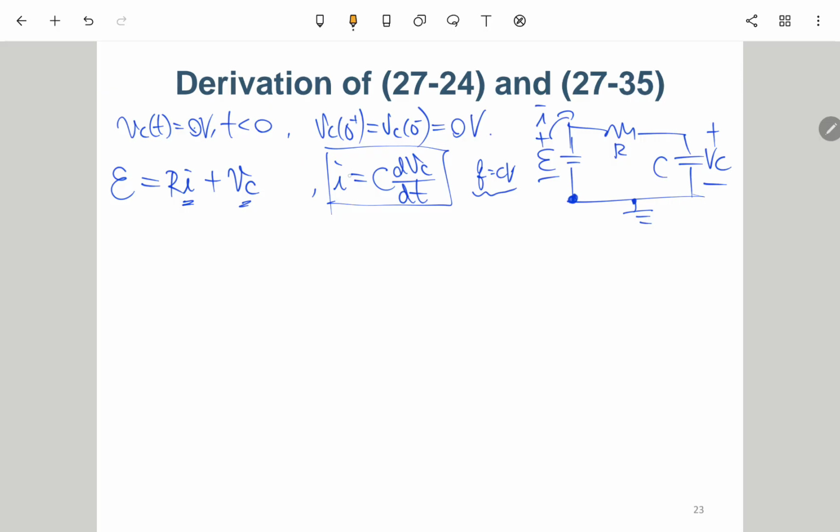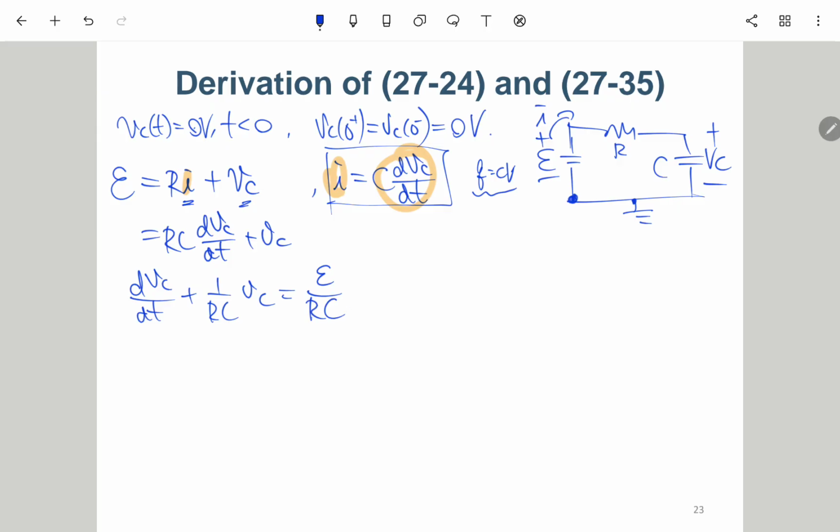We can plug this expression in here, so it turns out to be RC dVc/dt plus VC equals E. So we have dVc/dt plus 1 over RC VC equals E over RC. Okay, so this is a constant coefficient linear first order ODE.